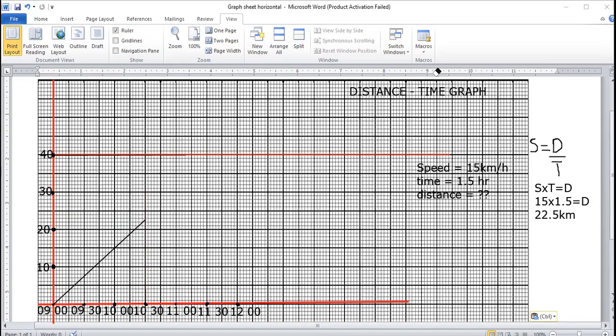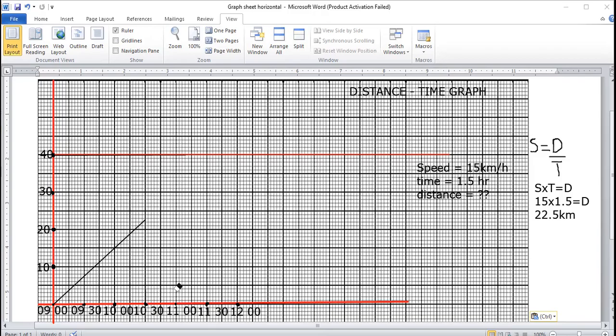After that, they are saying he rested for half an hour before completing his journey. So now the cyclist has rested for 30 minutes. Right now we are at 10:30.